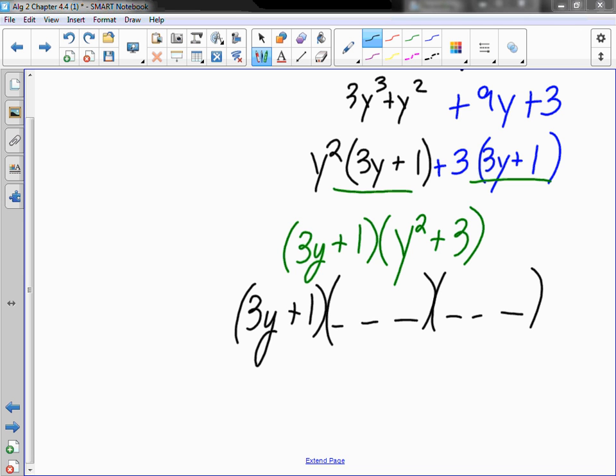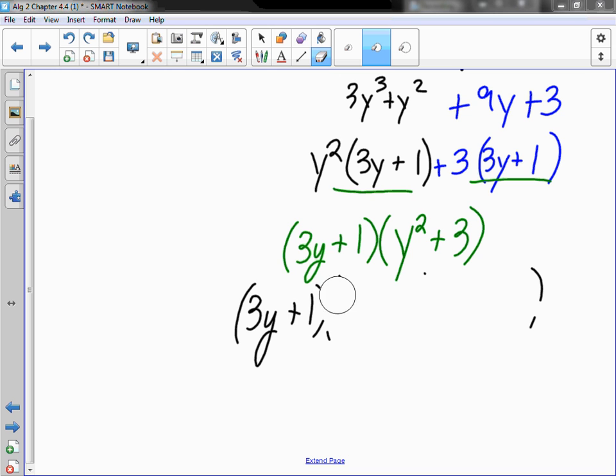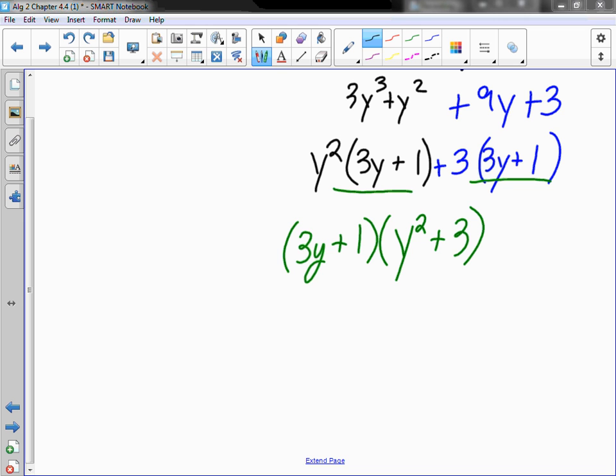So since it's positive, our signs would be the same. But I don't have a middle term, do I? No, I do not. It'd be nice if there's an easy way to check to see if this is a factorable thing, right?